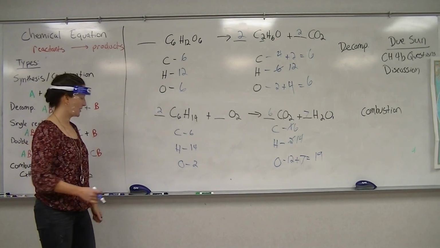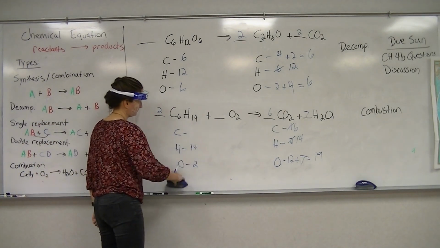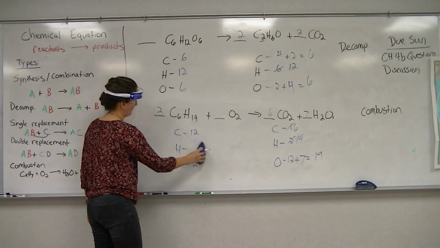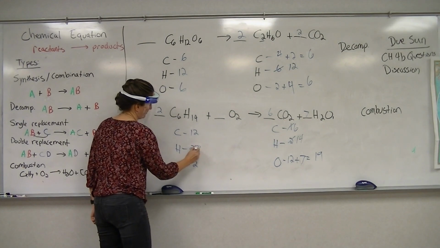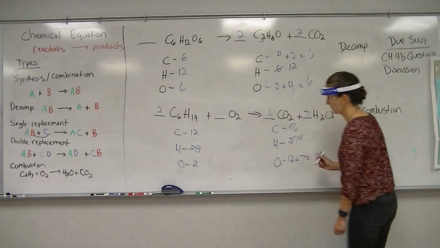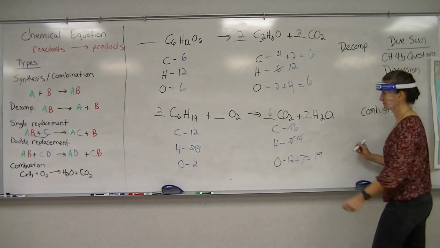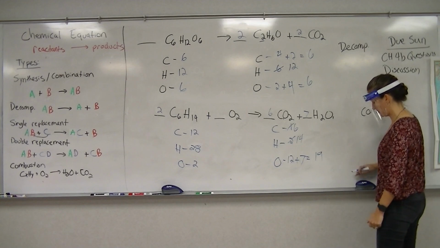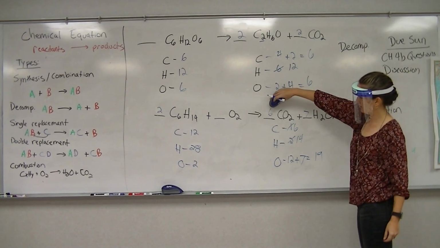So how many carbons do I have now? 12. How many hydrogens? All right. So let's go back to carbons again. What number do I need instead of the 6 here?